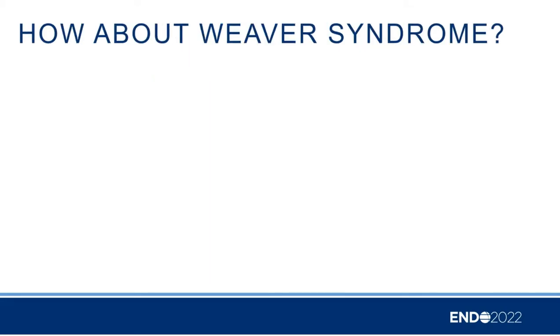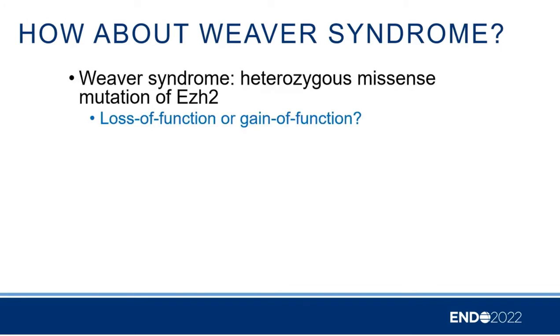Now, there's one problem with this, and that is that it doesn't tell us very much about Weaver syndrome. These mice are all small instead of large. And so in order to understand that, we go back to look at Weaver syndrome. So let's recall that Weaver syndrome is usually caused by heterozygous missense mutation of EZH2.